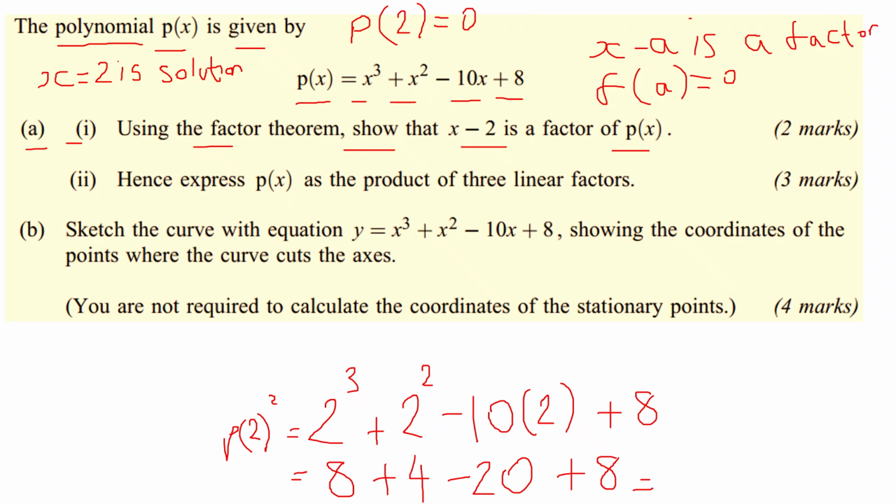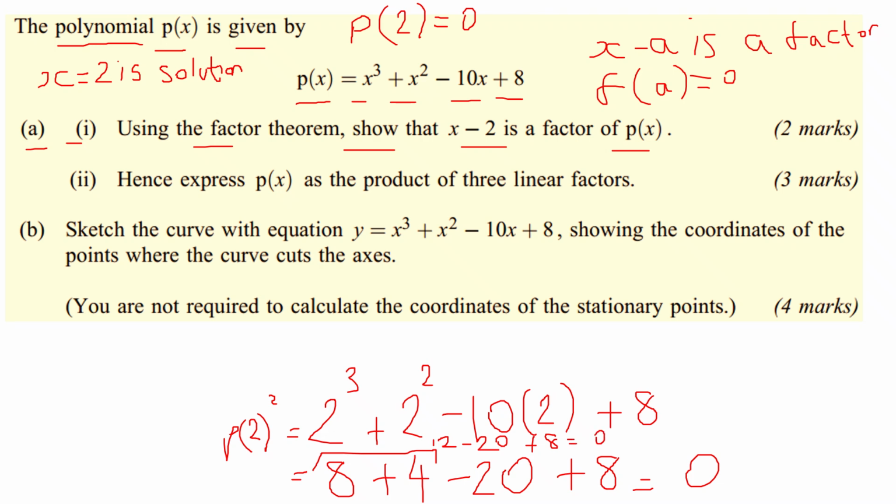8 plus 4 is 12, minus 20 is minus 8, plus 8, and we get 0. So this becomes 12, 12 minus 20 is minus 8, and then minus 8 plus 8 is 0.